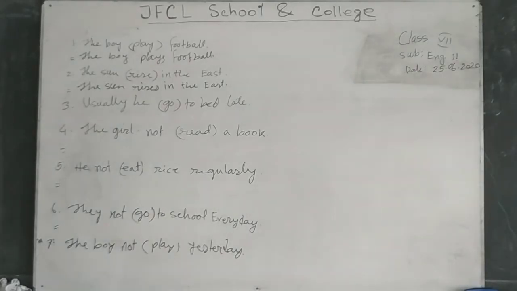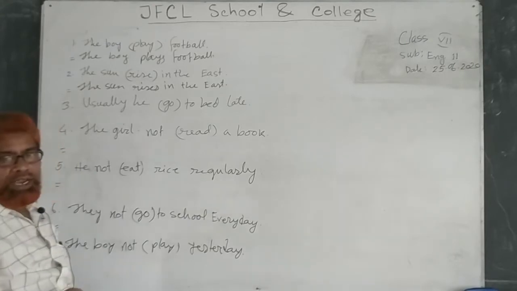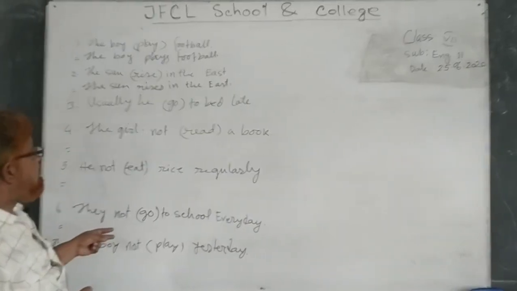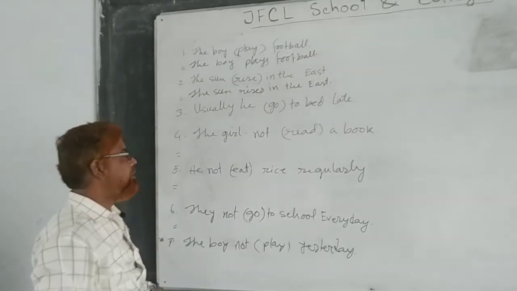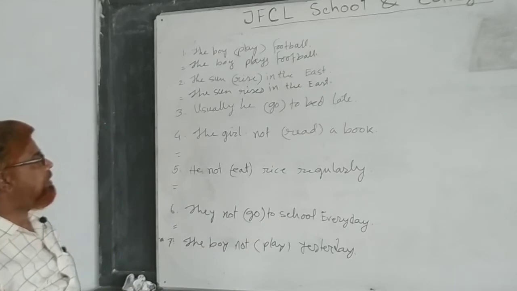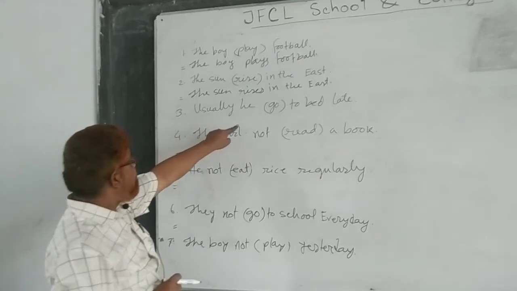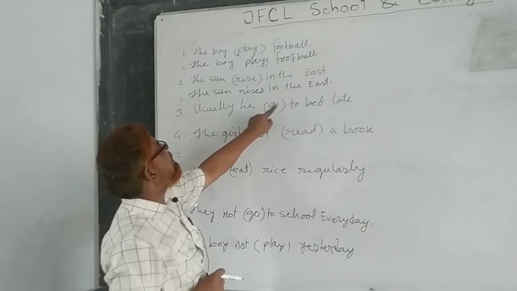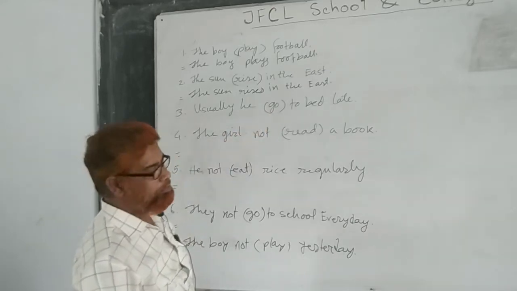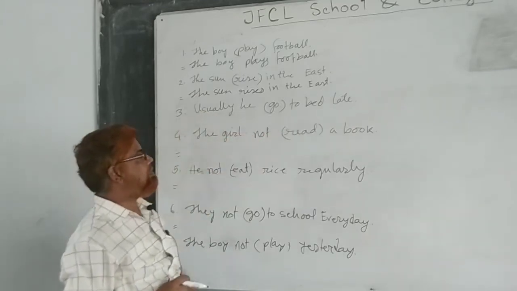Number 3, usually he go to bed late. You know that if we find some words in the sentence, usually, every day, generally, often, we use present indefinite tense. So, according to the sentence, we have to use S or es to the verb because our sentence is in the present indefinite tense.